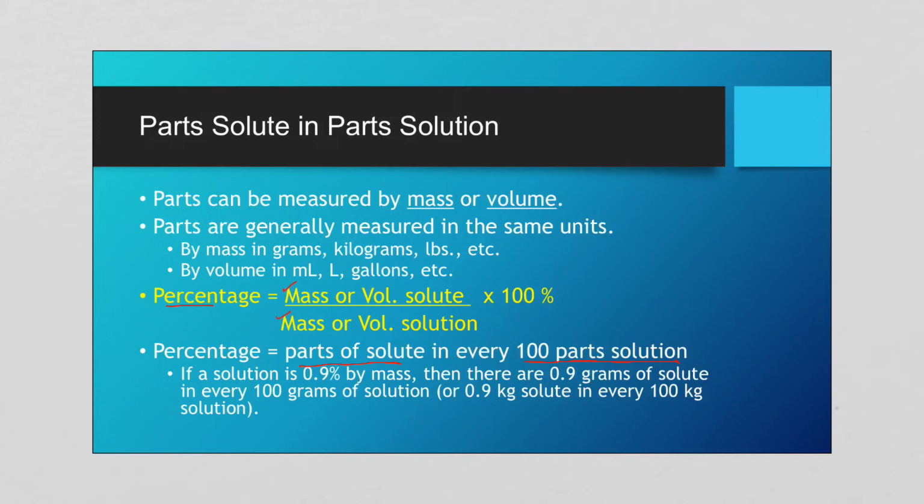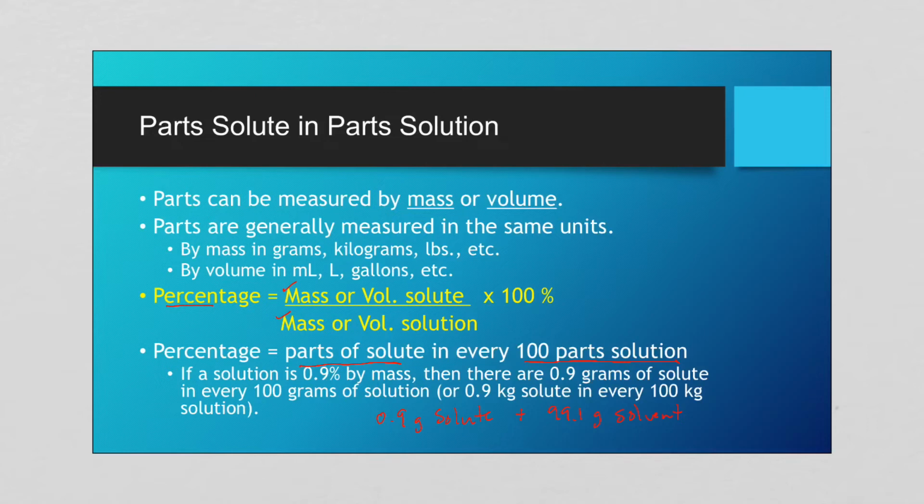So that means that 100 grams of solution is made up of 0.9 grams of solute, 99.1 grams of solvent. And you add that up, you get your 100 grams of solution. So it's the part over the whole. Okay? And again, this could be grams, it could be kilograms, it could be pounds, it could be any unit, but we want to keep matching units.